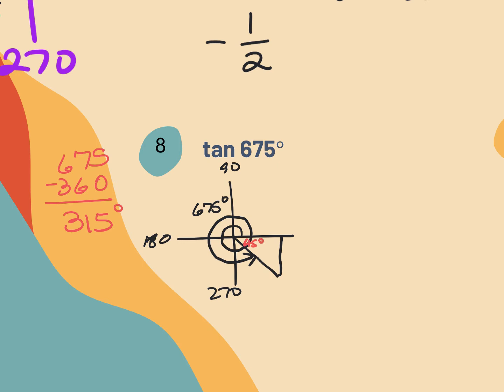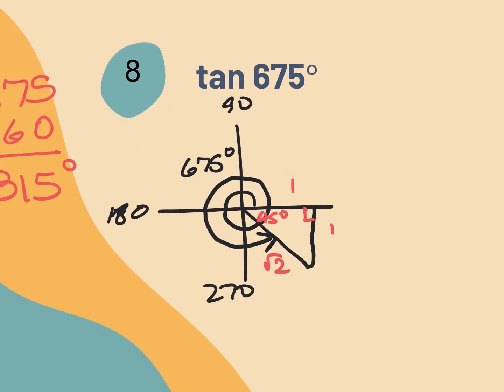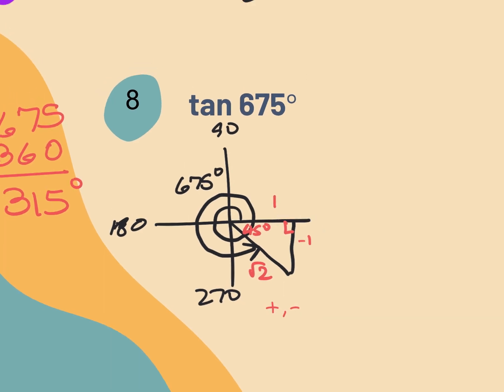So now I've got the 45, 45, 90 triangle. My legs are both 1 and 1, and the hypotenuse is the square root of 2. Again, the signs in quadrant 4 are positive, negative. So my x is positive, my y is negative, and I want tangent. This is x, this is adjacent, this is opposite, and it's the y.